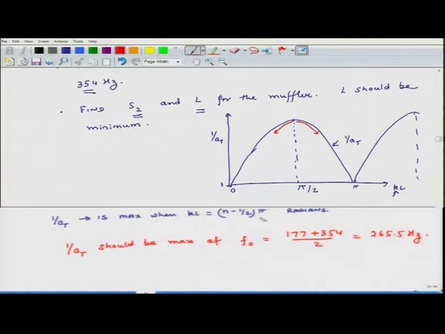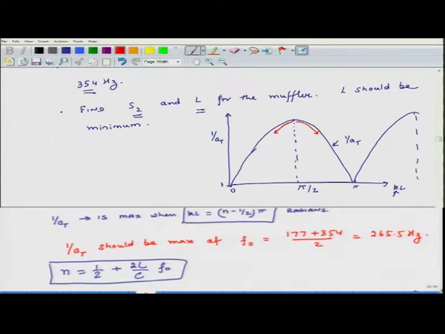And if that is the case, then we can say that n equals half plus 2L by C times F naught. Okay. So, how did we get this relation? We get it from this particular equation, and the only thing we are doing here is substituting k, which is 2 pi over lambda, and I am expressing lambda in terms of frequency F naught and c.